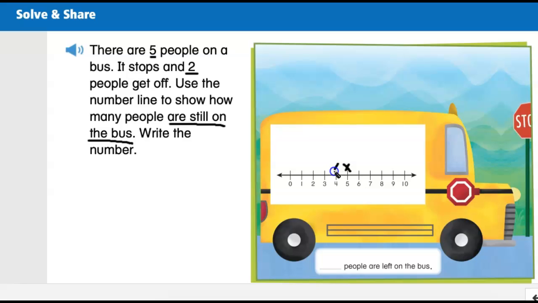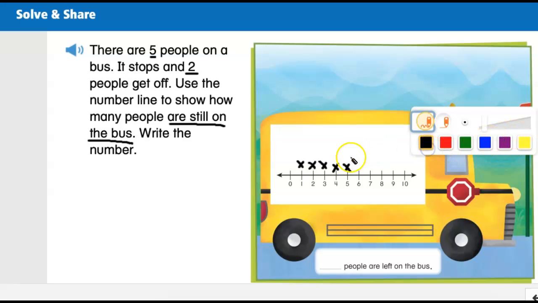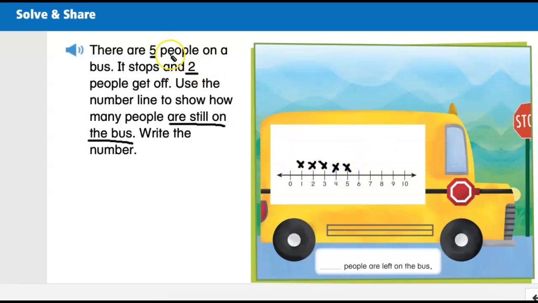So if you don't have a number line, you can just make 5 X's on your paper to represent the 5 people that are on the bus.